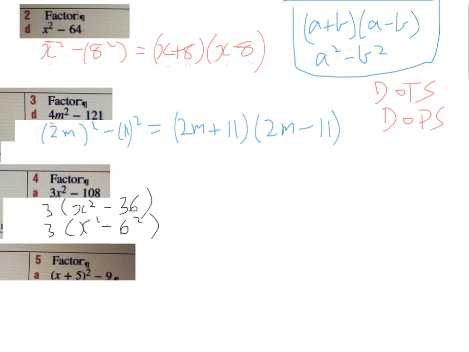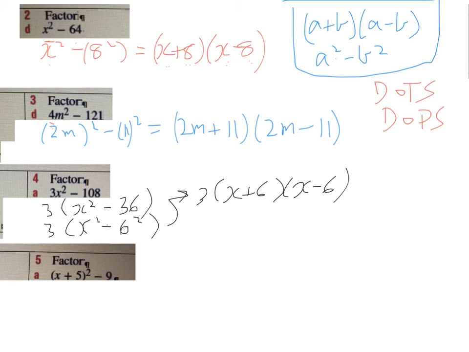So now what this ends up becoming is, we'll have 3, and then we'll open a bracket and we've got x plus 6, x minus 6, and we've got that sorted. Okay, last one.